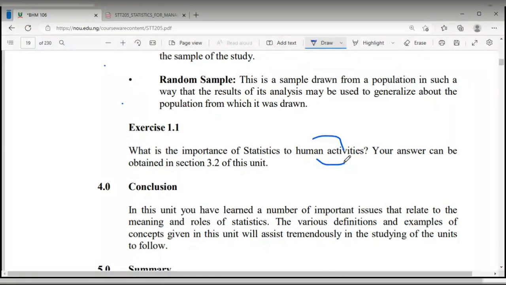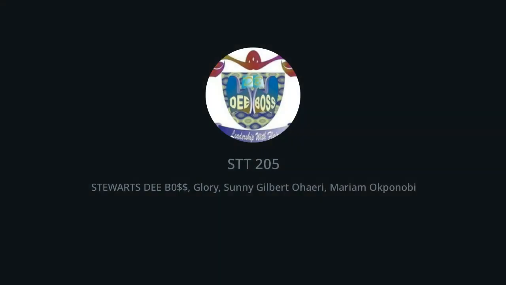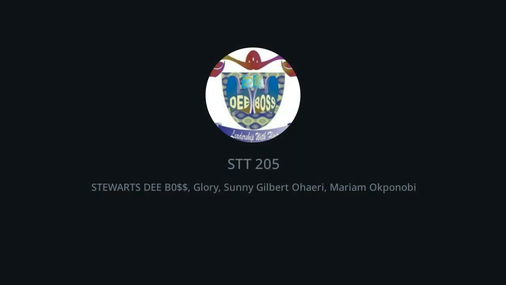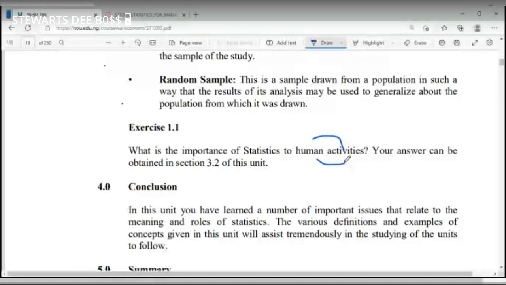All right. Before we conclude, there is something I want us to look at outside what I've done today. There is statistics and there is statistic.